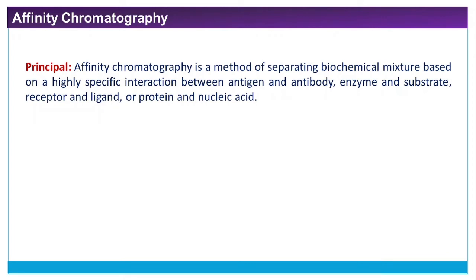This works on the basis of the enzyme-substrate, like a lock and key system. The lock you can consider as the stationary phase, and various types of keys as the mobile phase. The particular key that matches the lock requires more time because it is inserted into the lock, right? While the other odd keys come out faster with the eluent. So this is the principle of the separation.